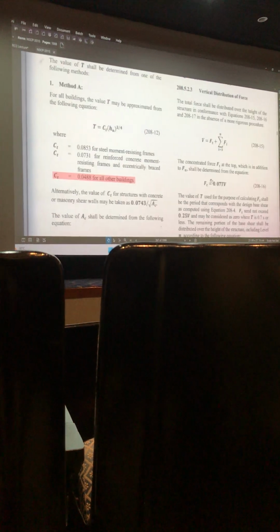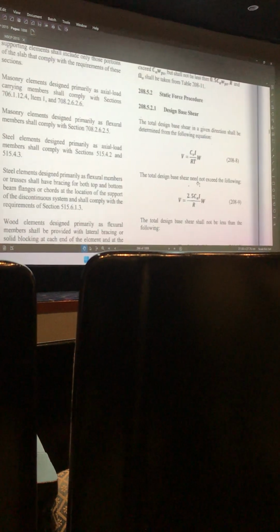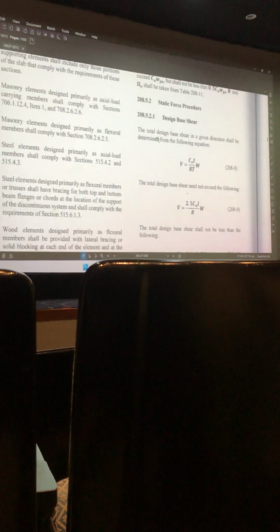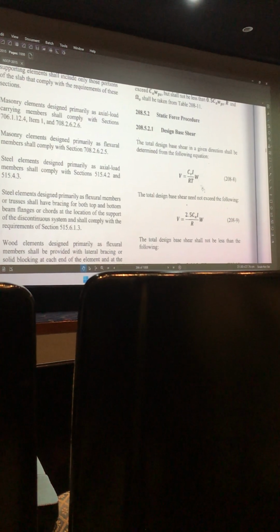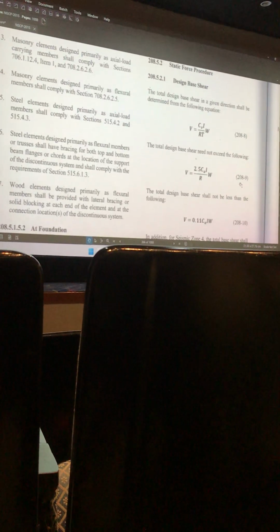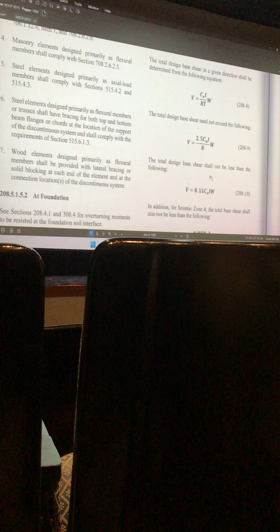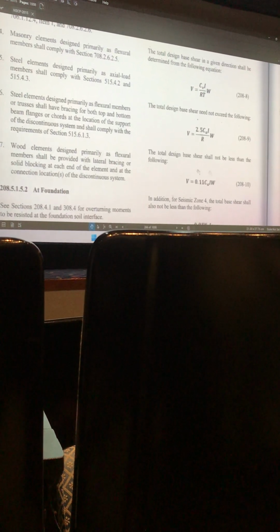So you can see the four formulas here. It says the total design base shear in a given direction shall be determined from the following equation, equation 28-8, then need not exceed the following. So this is the maximum, 28-9, and then shall not be less than the value obtained by using this equation. So this is the minimum.